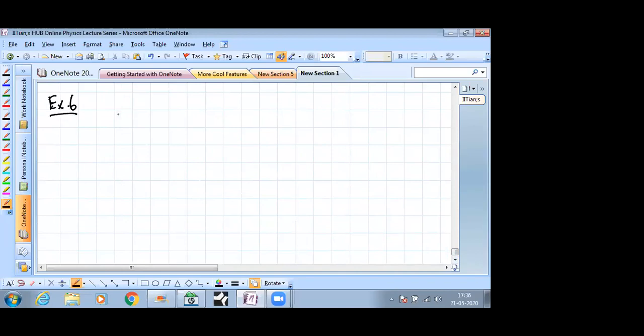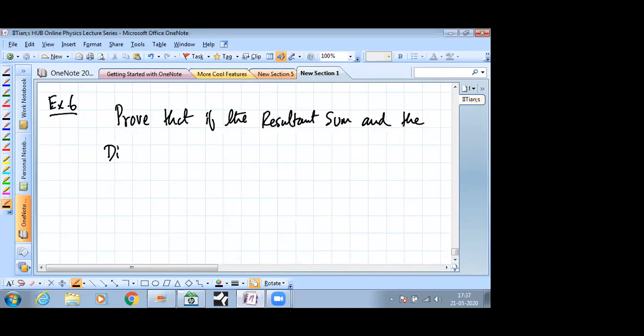So in this example, what we have to do is prove that if the resultant sum, okay, and the difference of two vectors are perpendicular to each other.